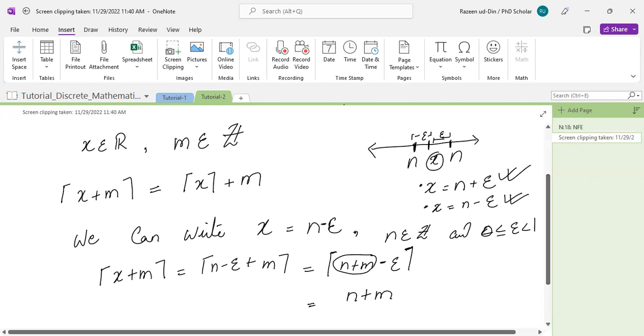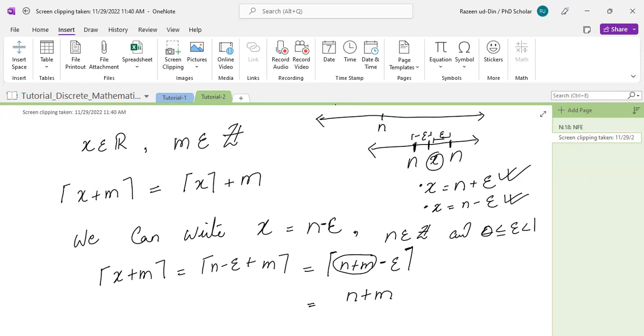So this is n and this is m. So n plus m lies here, right? And if we subtract some decimal part from 0 to 1 from this n plus m, this is epsilon.